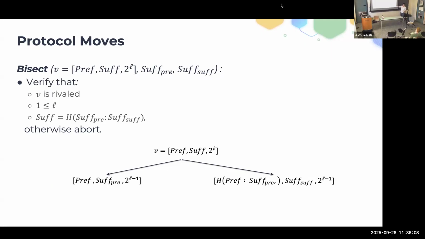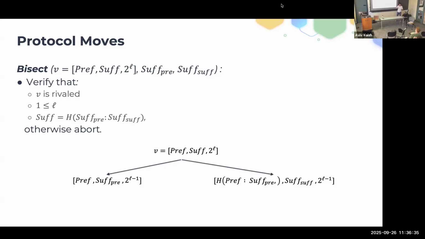Now importantly, what nodes are added, which I didn't say. Here, the left child is just saying, well, we agree on the same prefix, but now the disagreement is on the half of the suffix. And what is the right child? It says, well, in this claim, let us assume that we agree all the way to the first half.